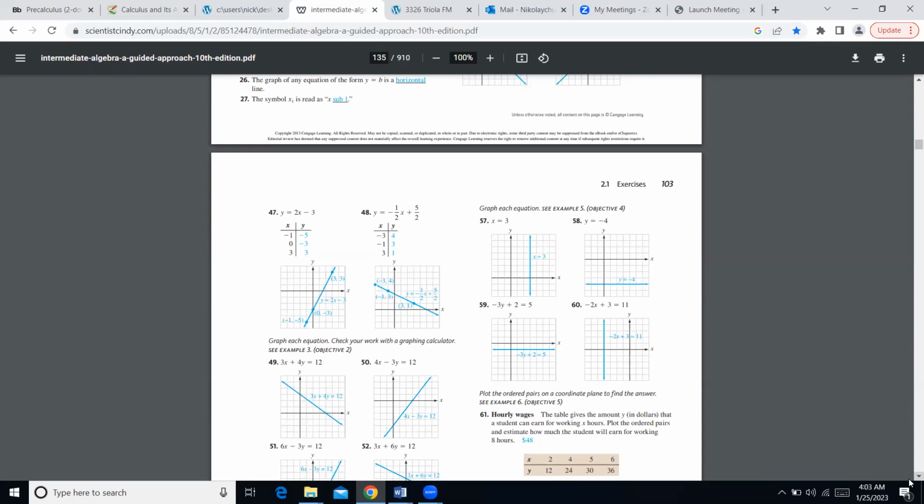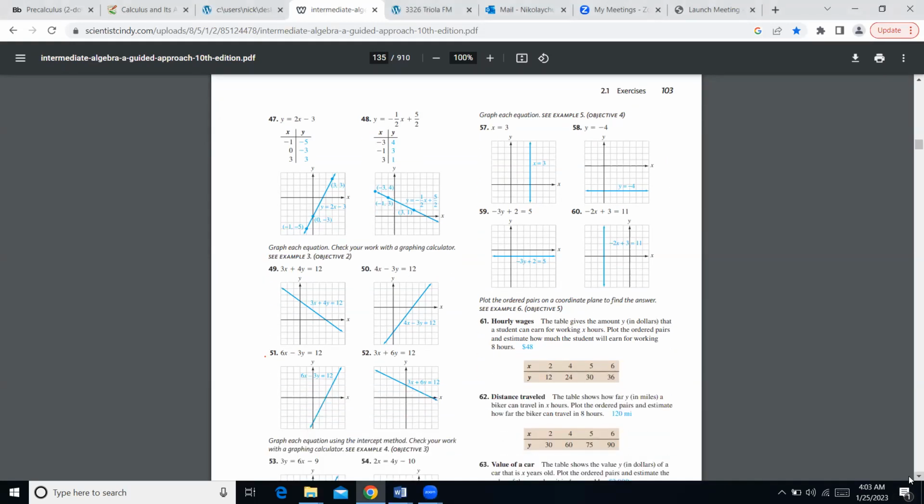So I'm going to do one exercise just to refresh your memories on how we used to graph these. Let's say I try exercise number, probably did 49, so we go lower, like number 51. I think that's the one that does not look very familiar.